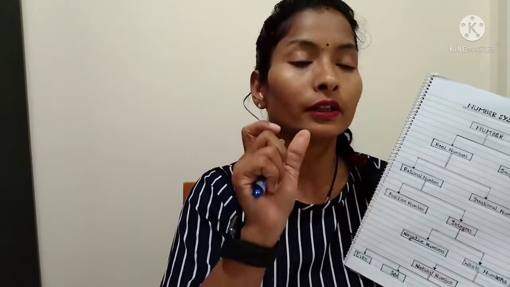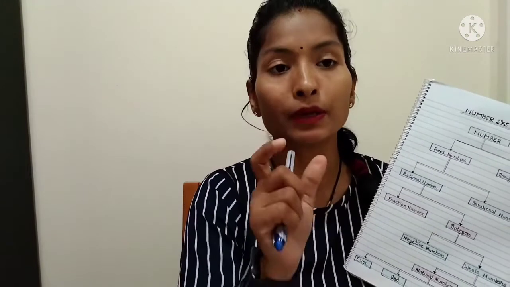So the square root of any prime number is an irrational number, and the square root of a composite number is either an irrational number or a rational number.